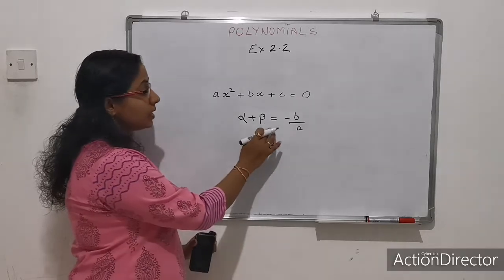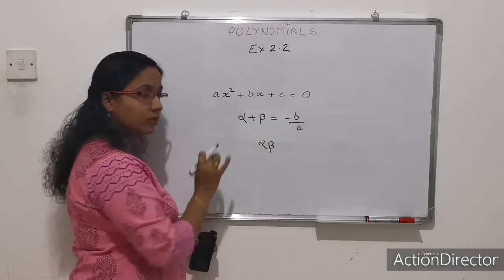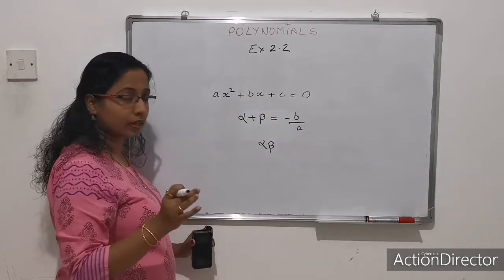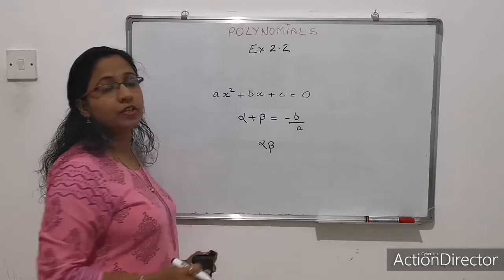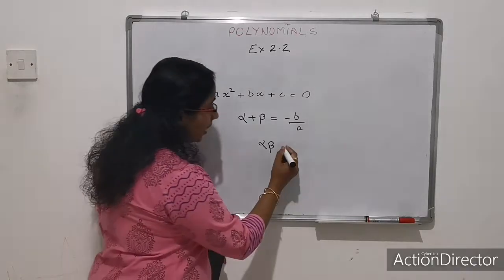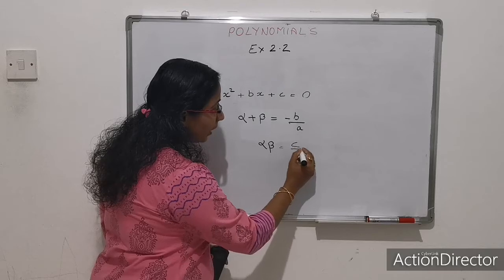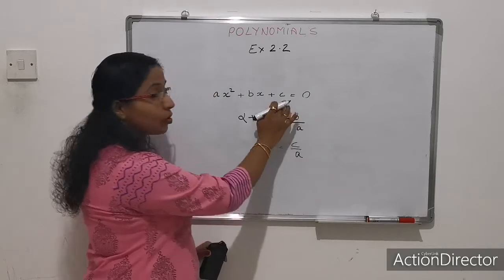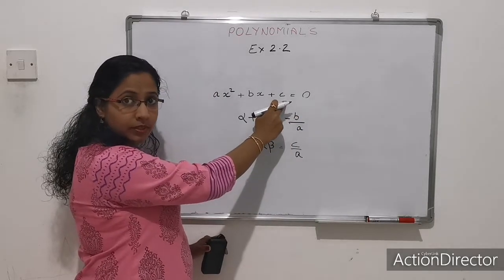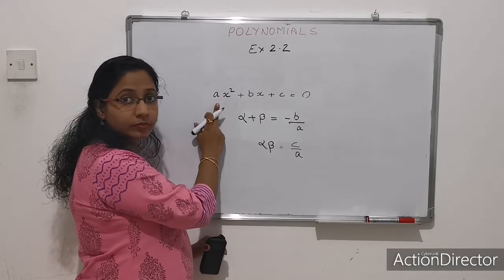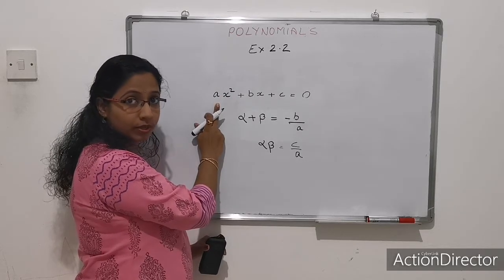That is the sum of the roots, alpha plus beta. And the product of the roots, alpha beta, is equals to c by a, that is the constant term divided by the coefficient of x square.